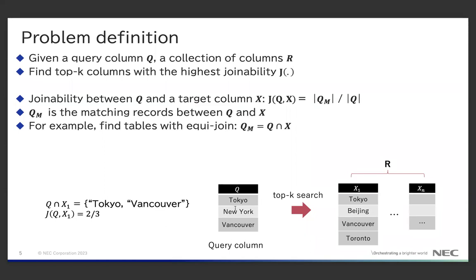The query column has three values: Tokyo, New York, Vancouver, and we want to find the top K. The first column is Tokyo, Beijing, Vancouver, Toronto. Based on the definition, the joinability is 2 over 3, because they have two values exactly the same.